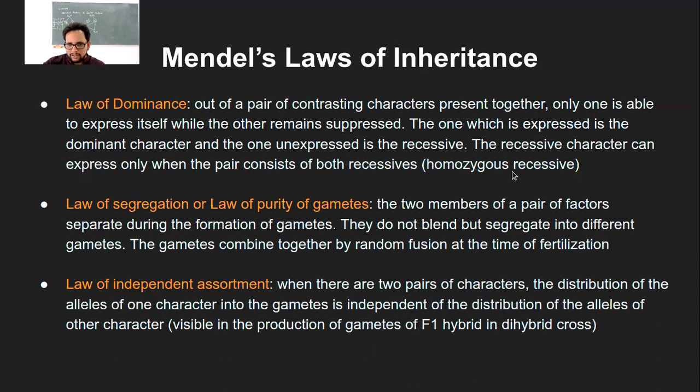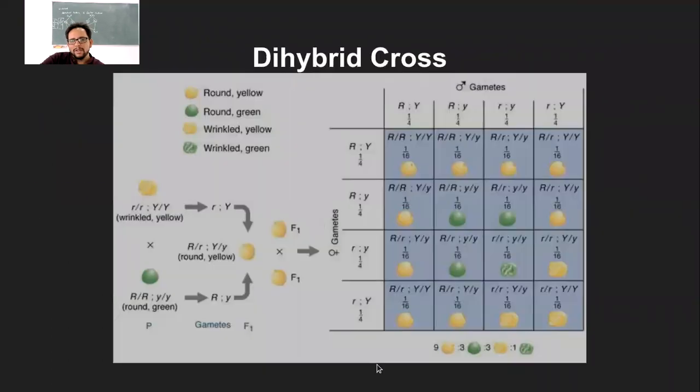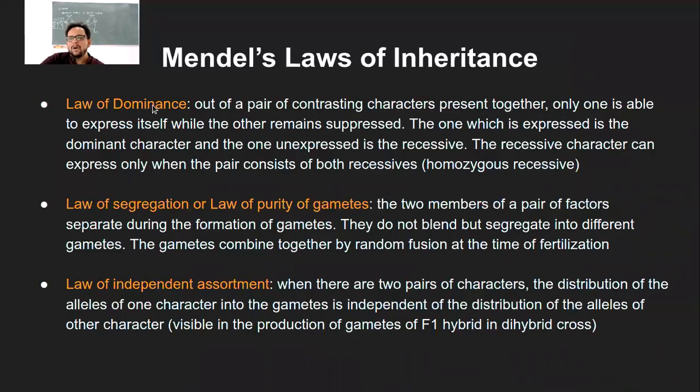Otherwise, just for a quick example, even though there is a small r present in all of these individuals, they will not show a wrinkled phenotype, because it will only show the dominant, because that is the dominant allele, and that's why this phenotype, that is small r, will be exhibited only when both are homozygous alleles. That is the same allele for the recessive phenotype. So that is what the first law says, that is the law of dominance.